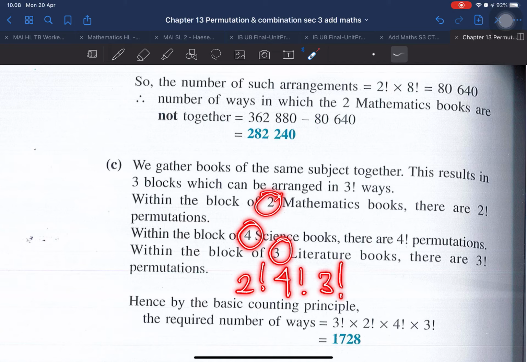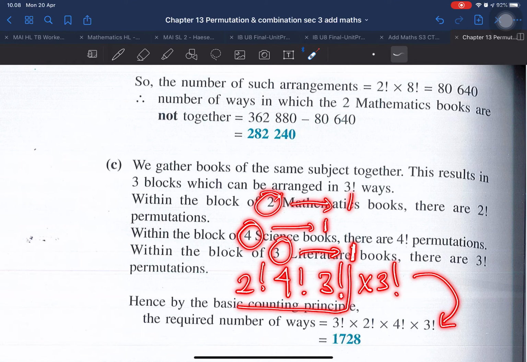Now, since they have to be arranged by subject, each of them is considered as 1 category. So how do we arrange 3 different categories? 3 factorial. It's basically the same thing as the one before, the difference is just that the 2, 4, 3 factorials come at the last, and the 3 factorial comes first. And the answer is 1,728.